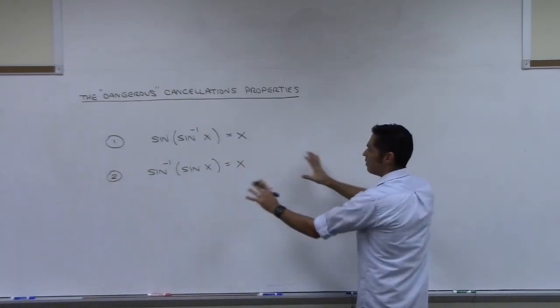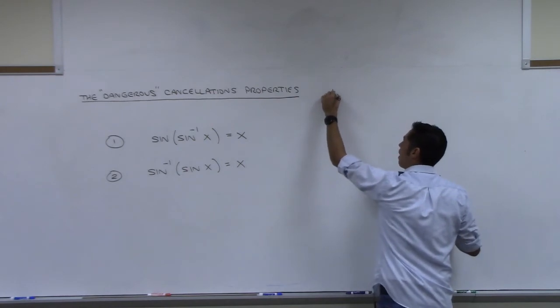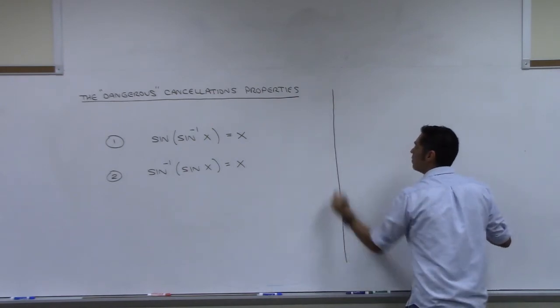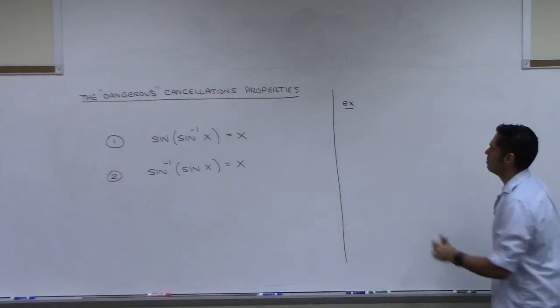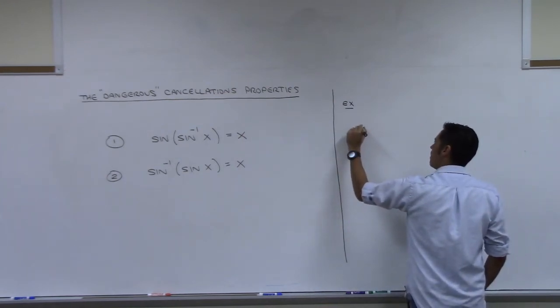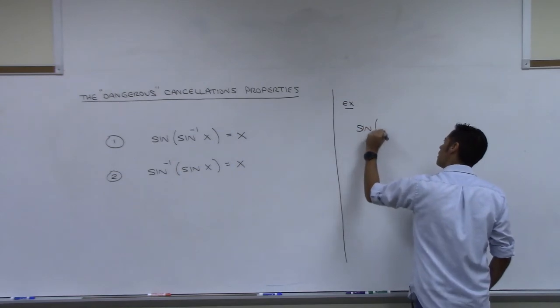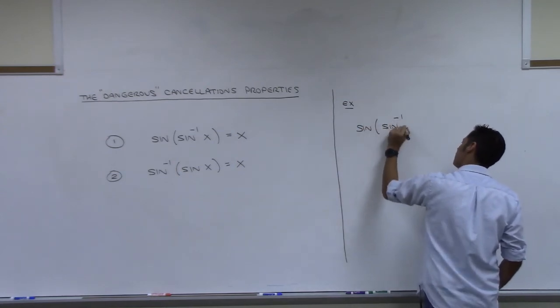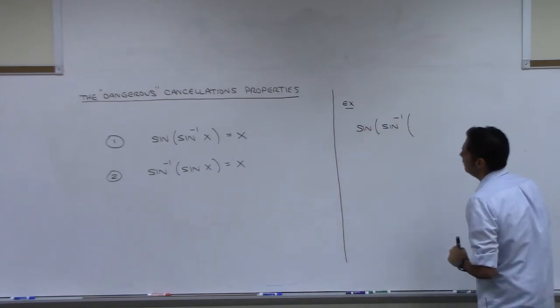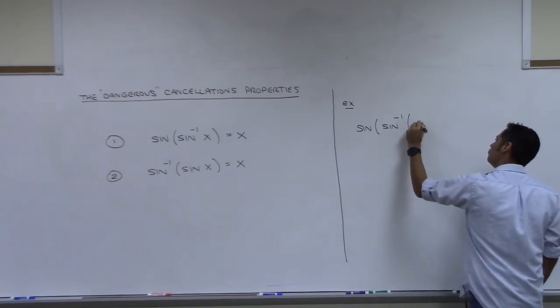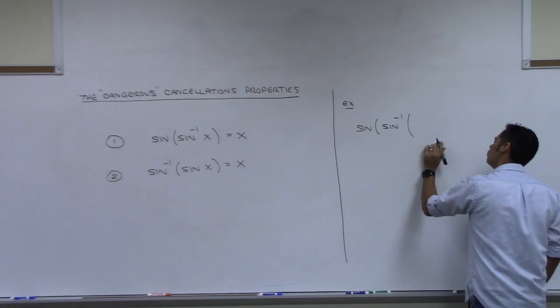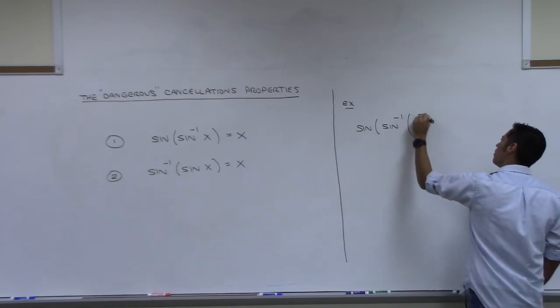I'm going to leave a little space here. I'm going to add something to those properties, but I want to give you some examples first. Let's see if we run into any problems. All right, first example. What is sine of arcsine of root 3 over 2?